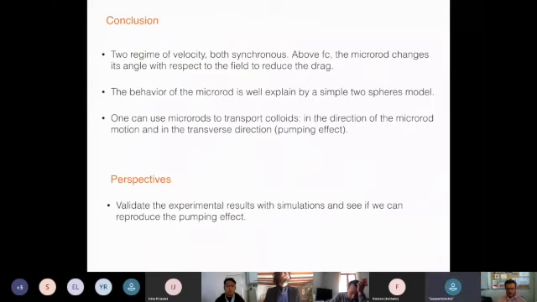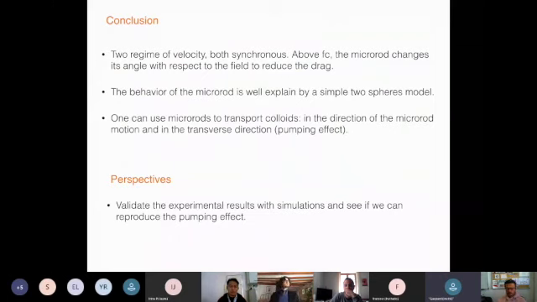So to conclude on this second part, we have seen that the microrod exhibits two regimes of velocity that are both synchronous with the field, and that above a critical frequency, the microrod changes its angle and reduces the drag to continue to be synchronous with the field. We've seen that we can explain the experimental data with a simple two-sphere model, and that we can use the microrod to transport colloids.